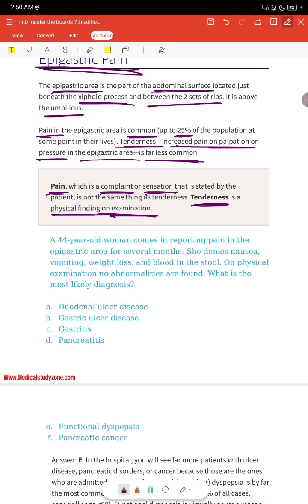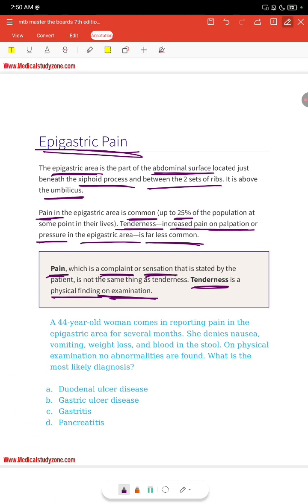So when you go for the abdominal examination, you find the tenderness, but when the patient presents with the complaint or sensation, it is pain. So it is not the same thing as tenderness. Tenderness is something different from pain.